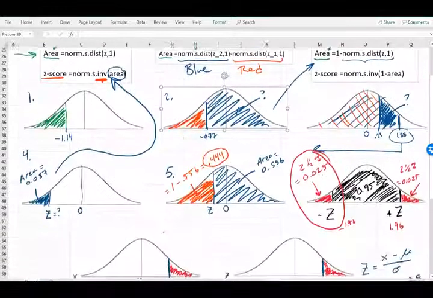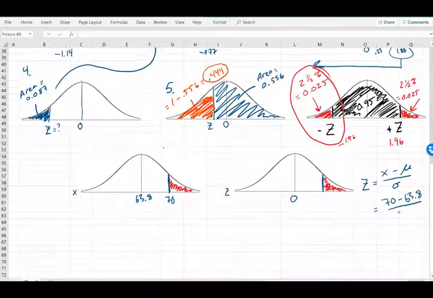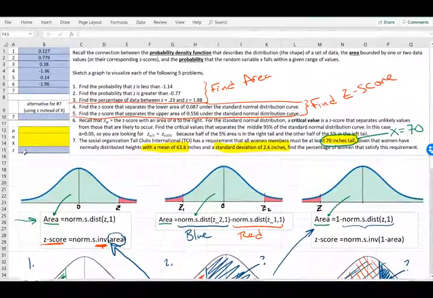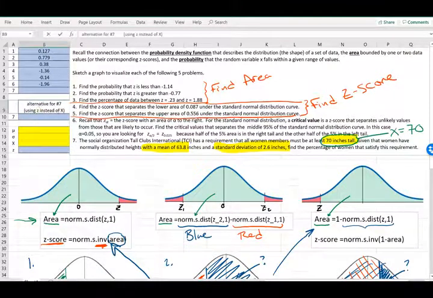Yeah, standard deviation is 2.6, so we'll divide by 2.6. All right, and that's what I have here. Actually, this should say using z. That's what we're doing here.